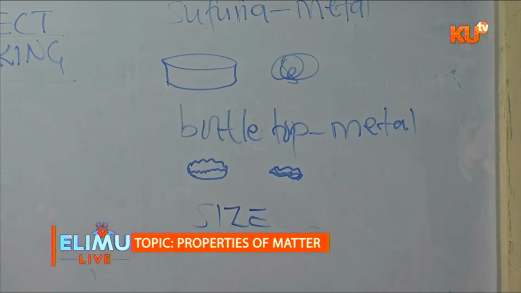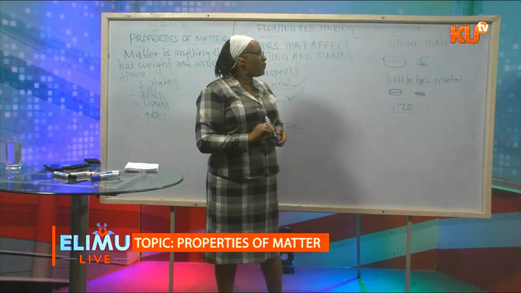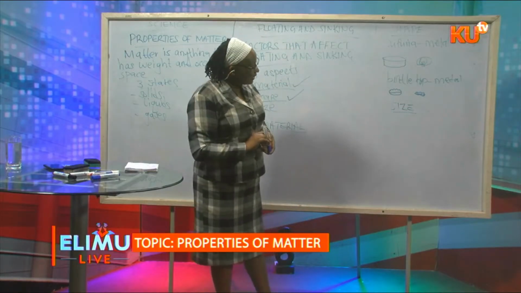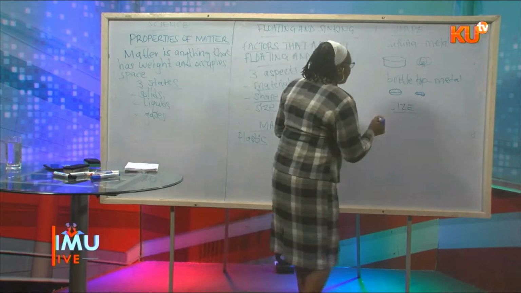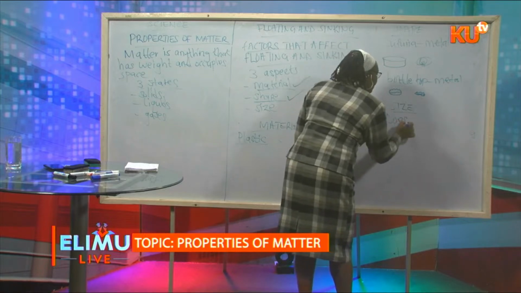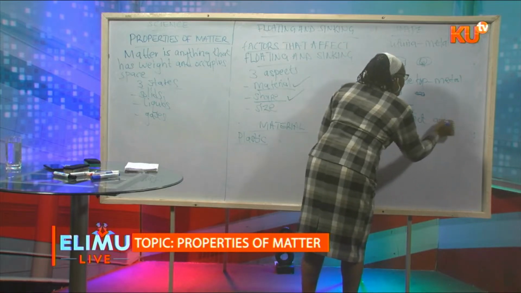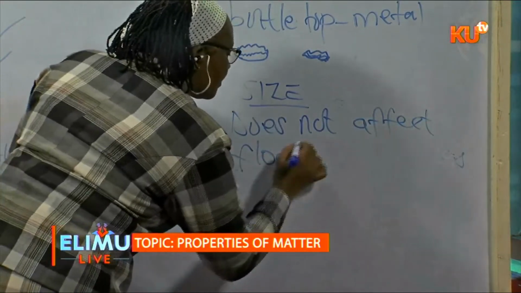We have also given examples of a log of wood and a small piece of wood, or a small item made of wood like a pencil. If you put them in water, regardless of their size, they will float. So size does not affect floating and sinking.